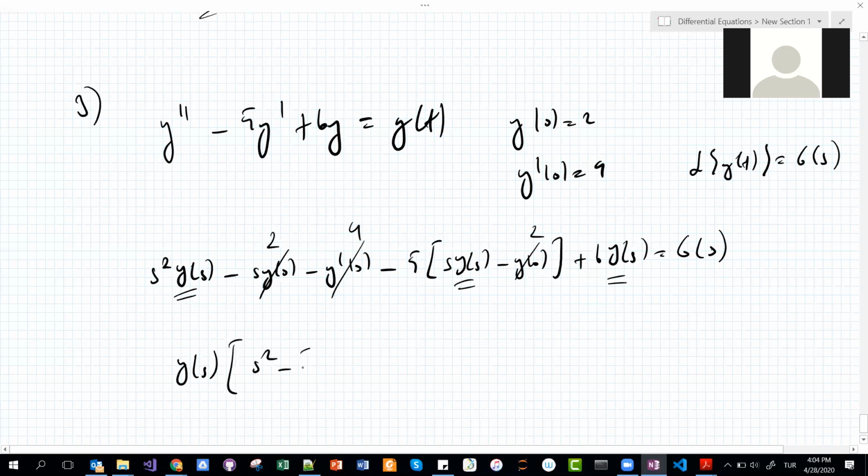s squared minus 5s plus 6 I have here, and I had here, look at that, added to s. And then I have here plus 10 minus 9, which is equal to plus 1, equal to g of s.